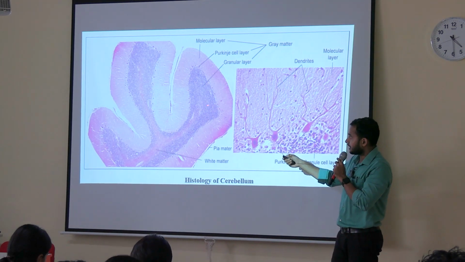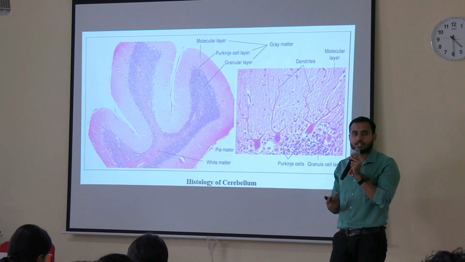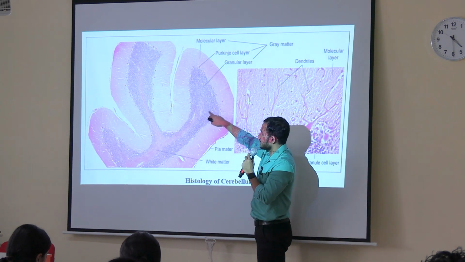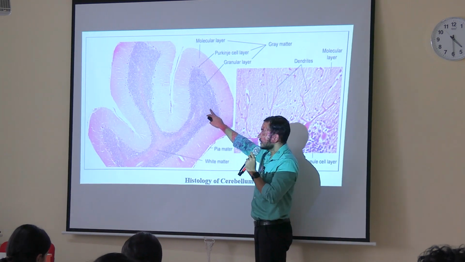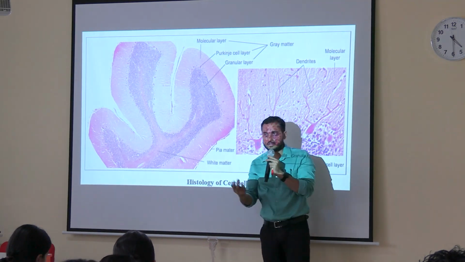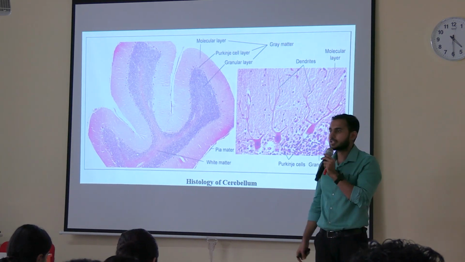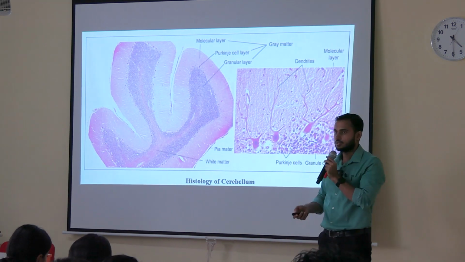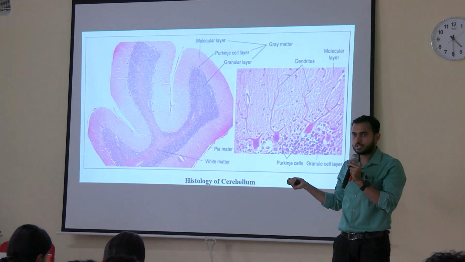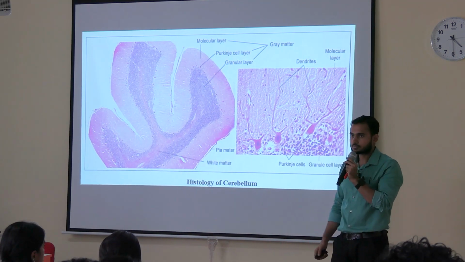Next, deep one is the granular layer. Look, this is the granular layer. So, what will be the appearance of the granular layer? Darkly stained. Look, how does this layer appear? Darkly stained, right? Compare with this and this, this is darkly stained. Why? Because closely arranged granule cells are present, and along with that Golgi cells are also present over here. Okay, so like this you can identify the layers. This is also important. Okay, and I hope there will be no difficulty in identifying the slide.